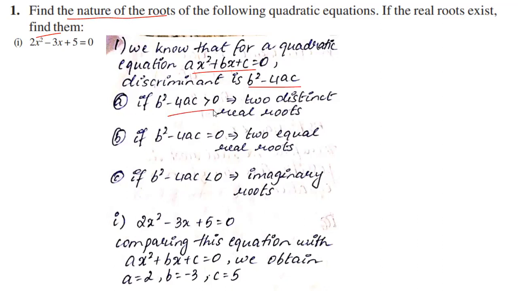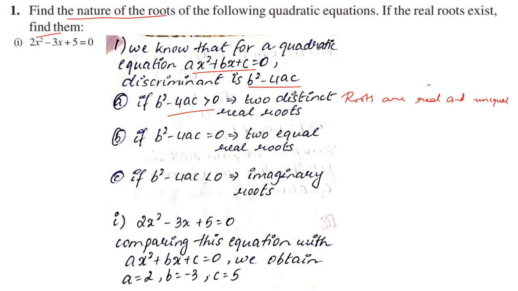If b square minus 4ac is greater than 0, two distinct real roots, that means roots are real and unequal.